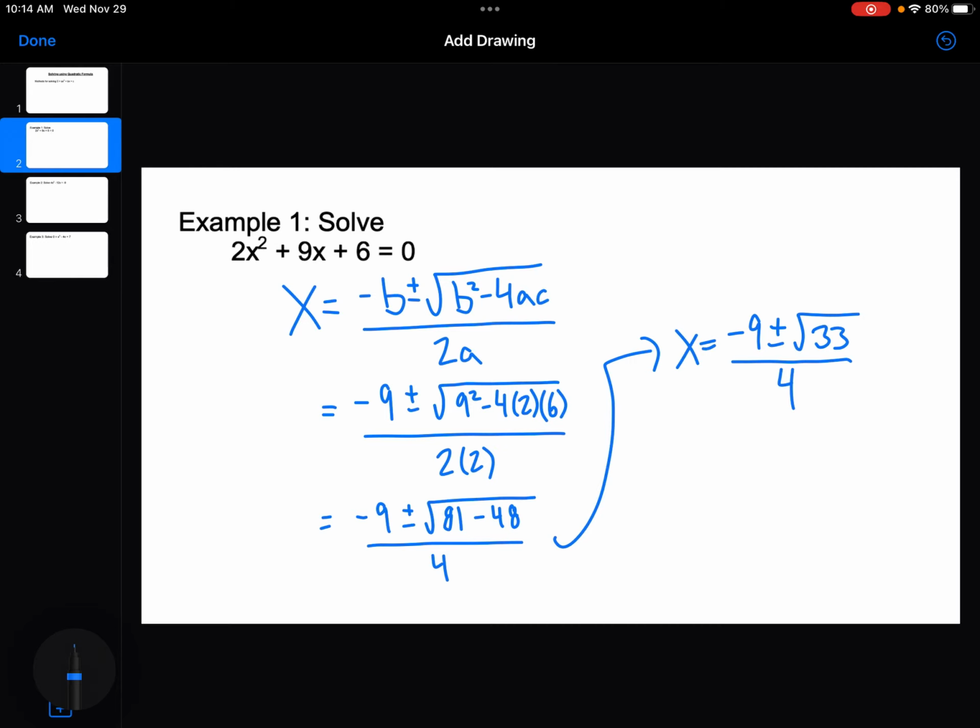We would want to reduce it if we could, but we're not going to address the reducing, because some of your calculators do it and some don't. So the 2 answers would be x equals negative 9 plus root 33 over 4, or x equals negative 9 minus root 33 over 4.